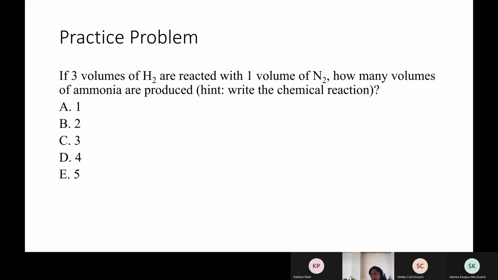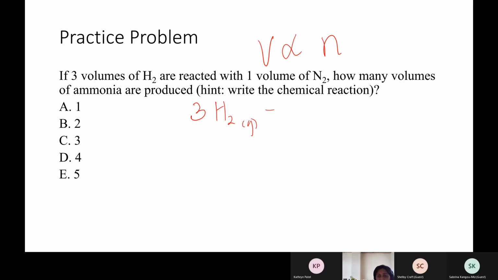Now we are going to balance the reaction. 3 volumes, okay. Under Avogadro's law, if the temperature and the pressure are constant, the volume is proportional to the amount. So if it is 3 volumes, we can assume it as 3 moles.